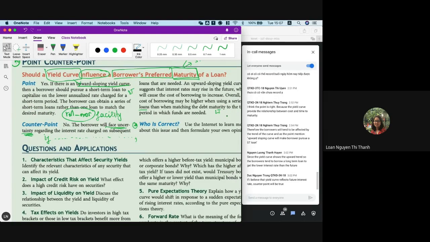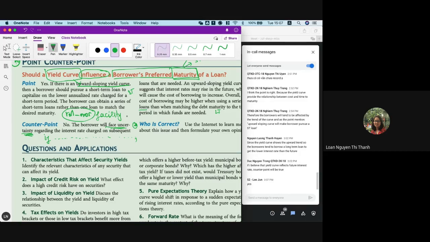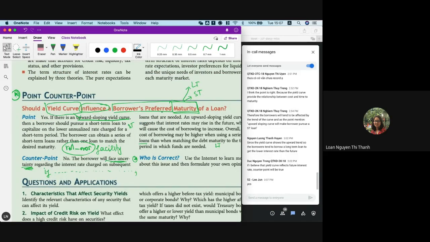Any questions? So let me know. Okay, so the counterpoint is a kind of debate, you know.